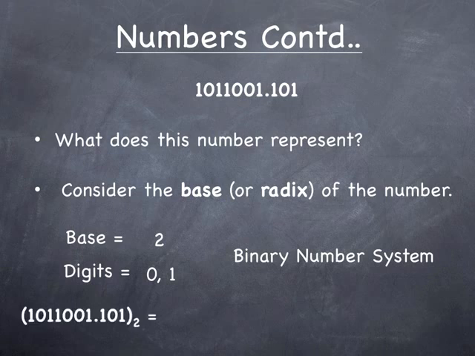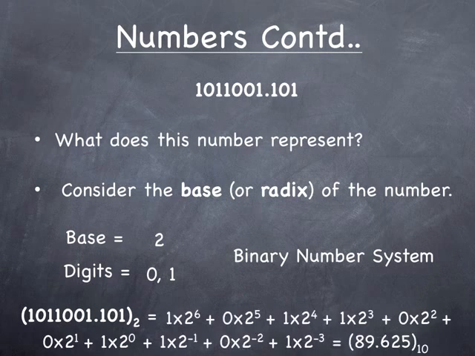And now I can find out the weightage. I know this is base 2, so I know the weightage of each position, and then I multiply the digit with the weightage and sum them up. And you can see I just do that, and that comes out to be 89.6.